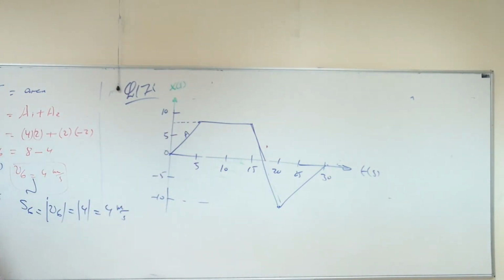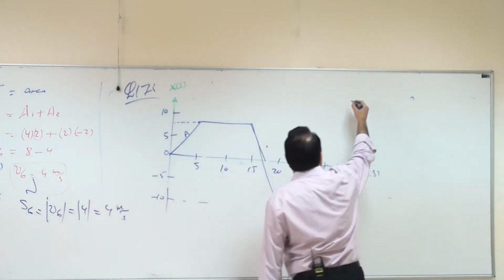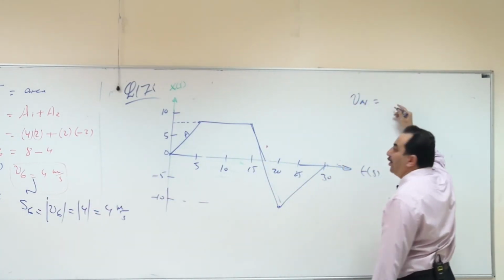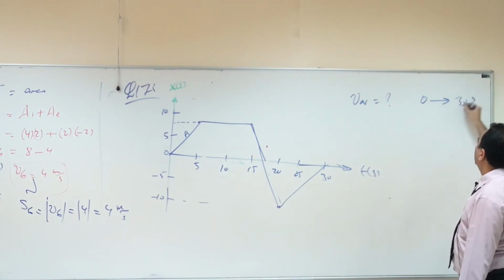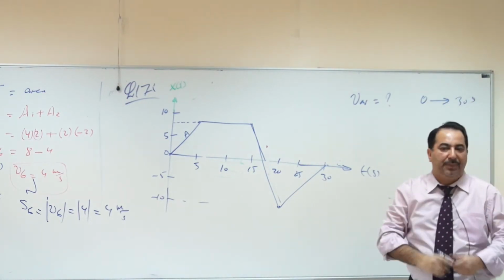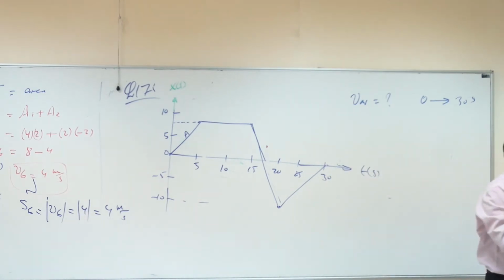Right, what is the first question? Find average velocity from 0 to 30. I want average velocity. So I want V average, from 0 to where? 30 seconds. And the whole thing. Okay. Now, average velocity. What is the formula? Not average speed.